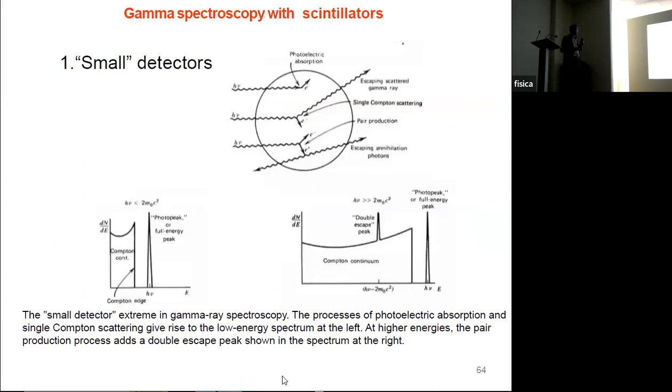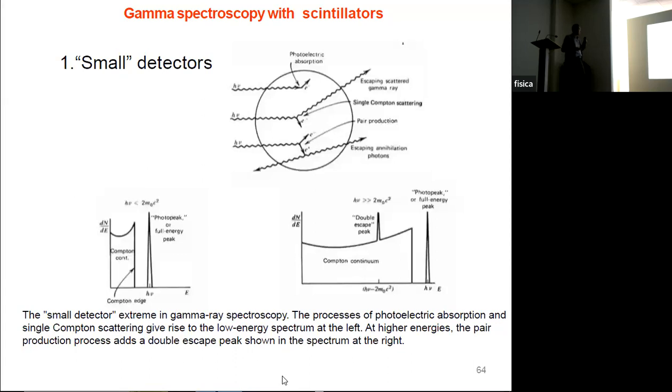So let's get back to our exercise with gamma spectroscopy, specifically with scintillation detectors. In order to understand what we get in the detector and what we can expect to see, we can look at this simple picture.